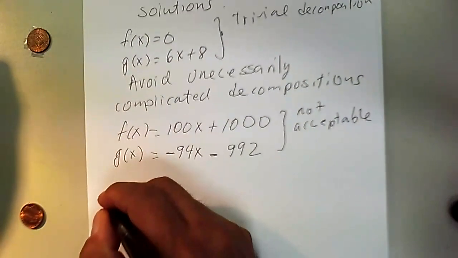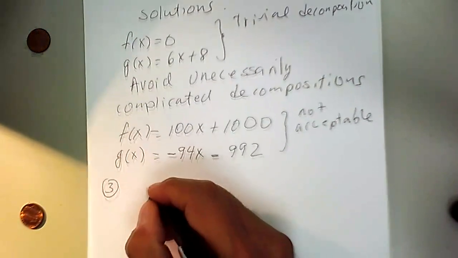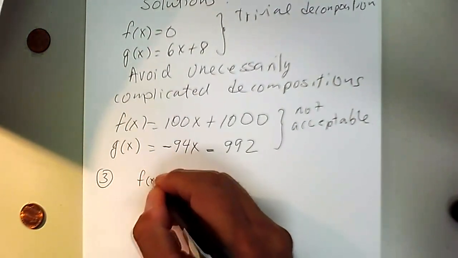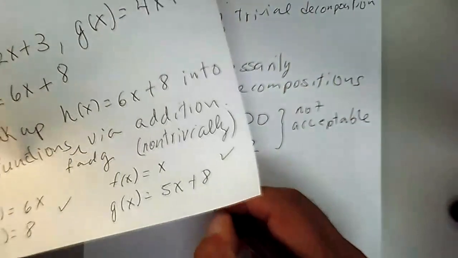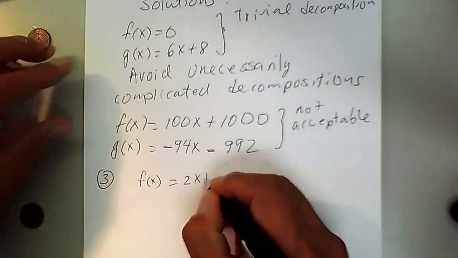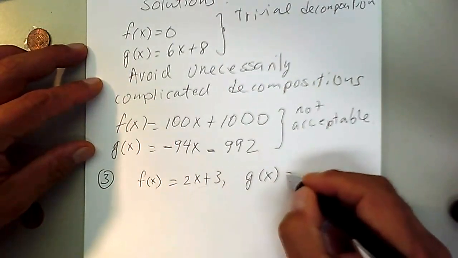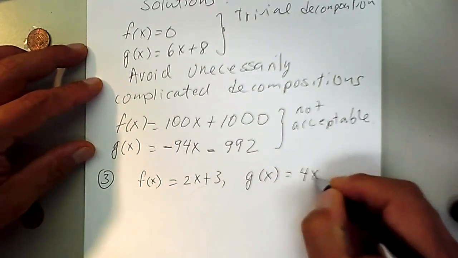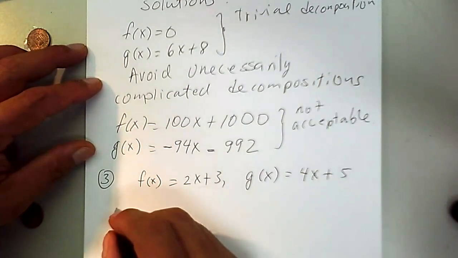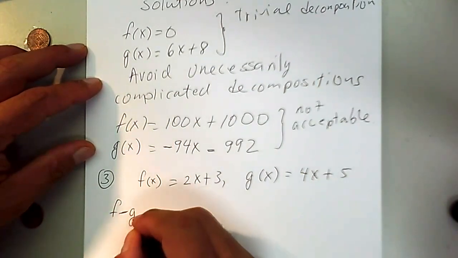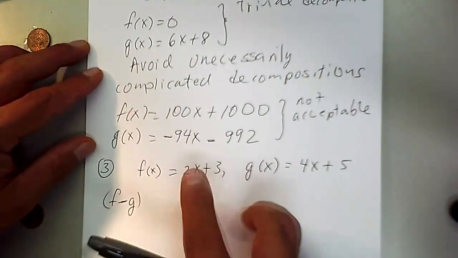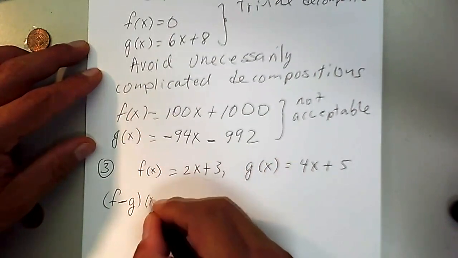So subtraction is very much the same. Example 3. So let's go the other way. Say f of x equals 2x plus 3, g of x, so this is given, equals 4x plus 5. So what is f minus g? This is going to be a new function made up by those two functions of x.